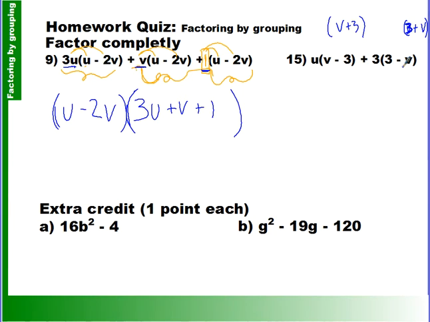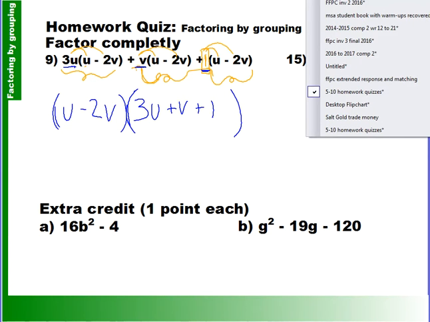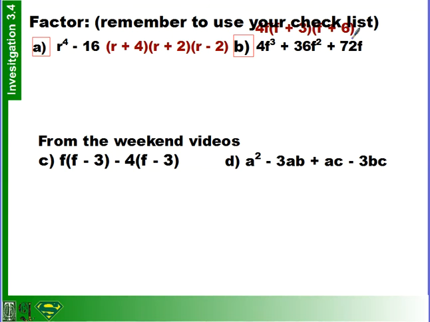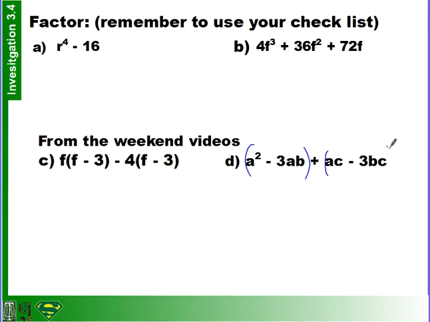So I want to take you back to an earlier problem. All right, I'm taking you back to this problem that we saw yesterday. I believe everyone understood that we could group this problem into 2 different pieces. And we can clearly see that there is a greatest common monomial inside this group.